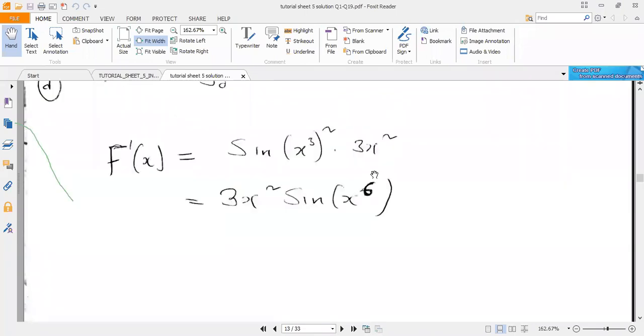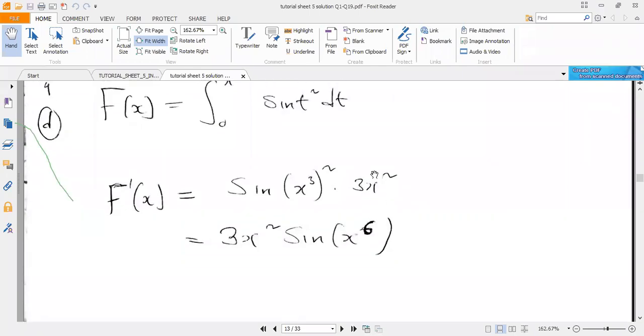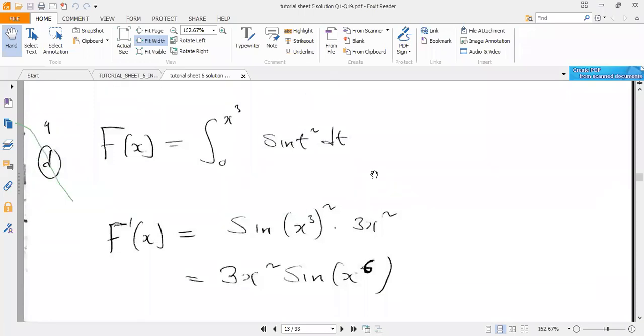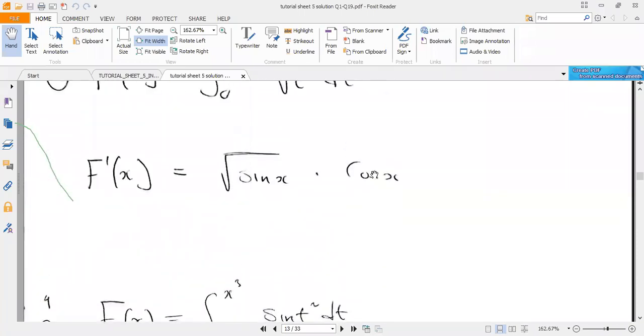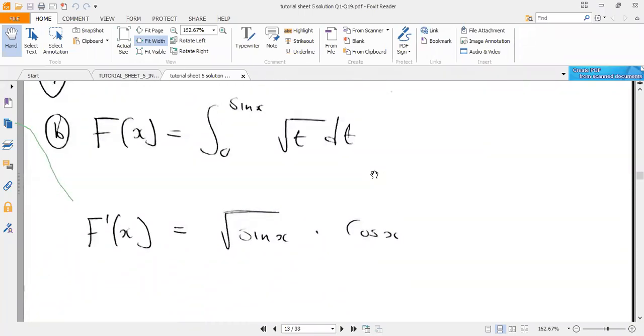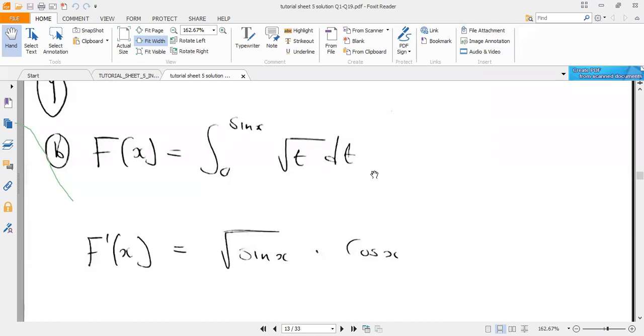What's the role of the integral sign on the previous question? This one? It's question 9.